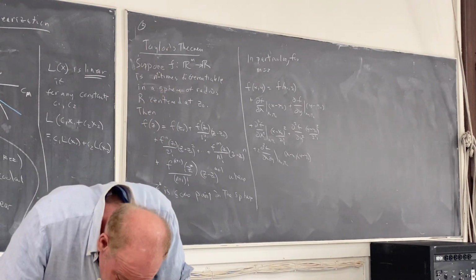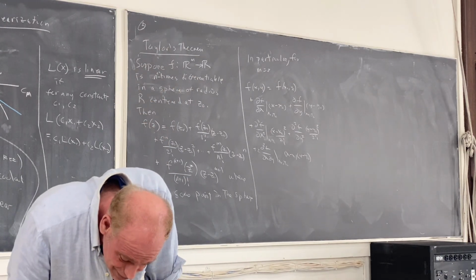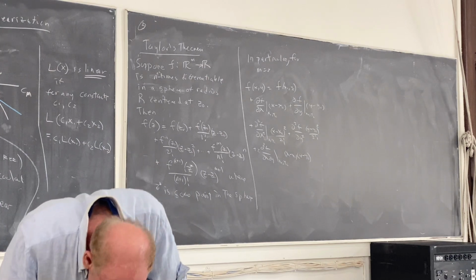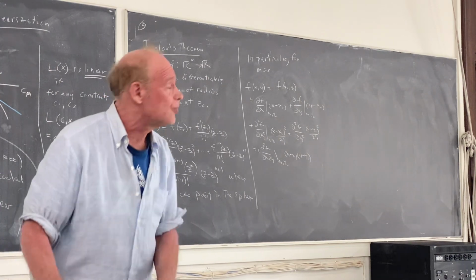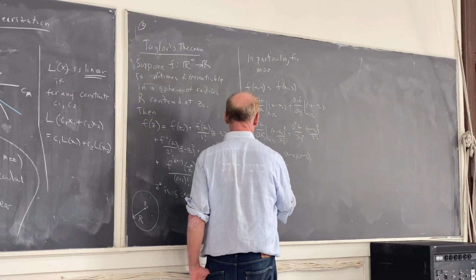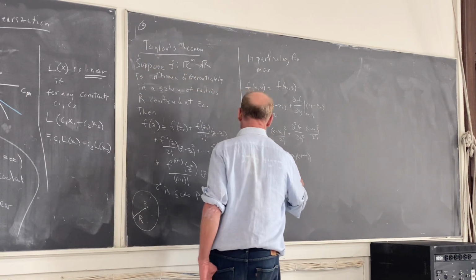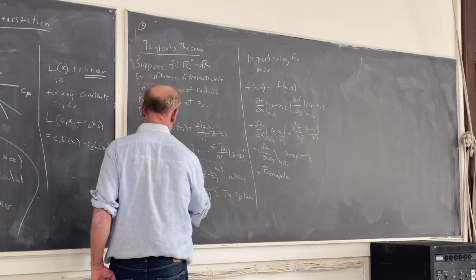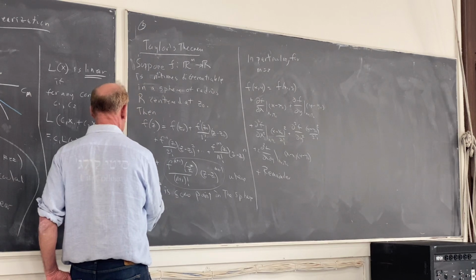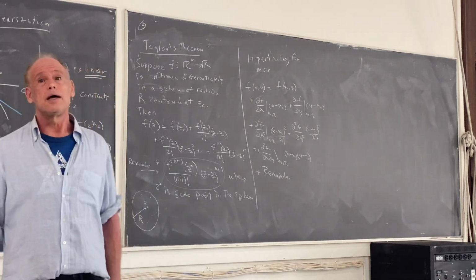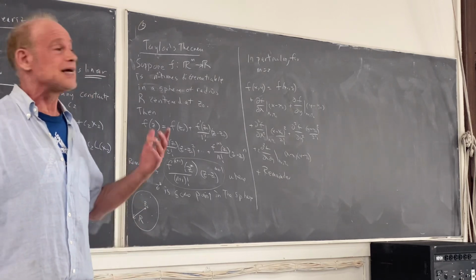See if I remember that. No, I don't have to. And then I have plus a remainder term, where this term is called the remainder. So that's Taylor's theorem, being explicit.